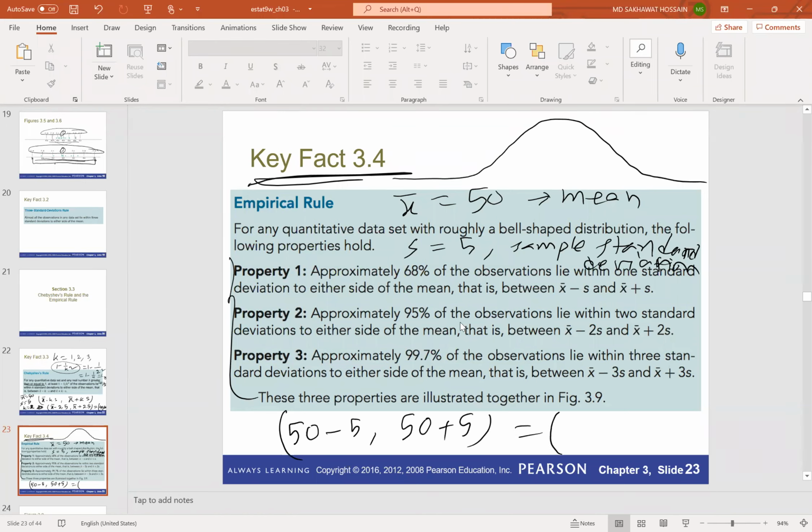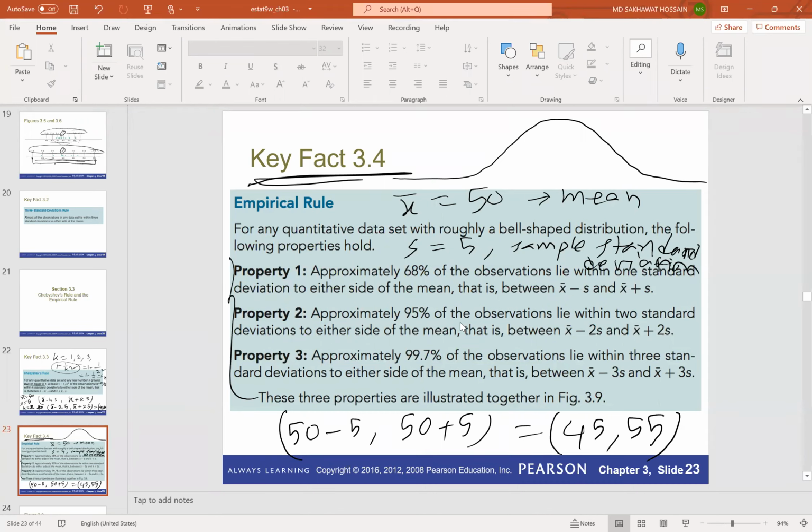So that means 45 and 55. If the sample mean is 50 and standard deviation s is 5, and the shape of the distribution is bell-shaped or approximately symmetric, then 68% of the observations will be between 45 and 55.